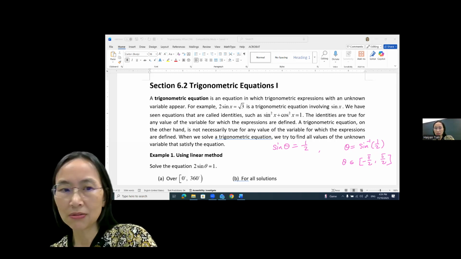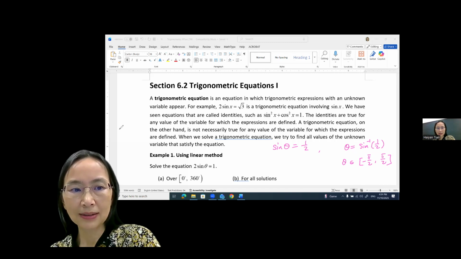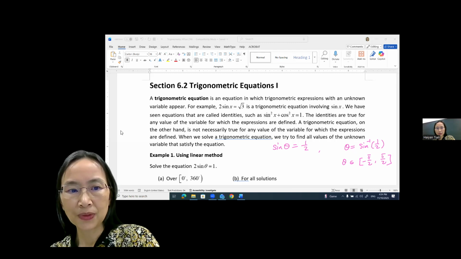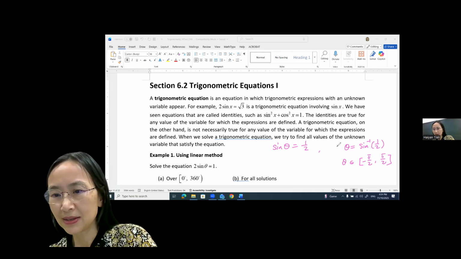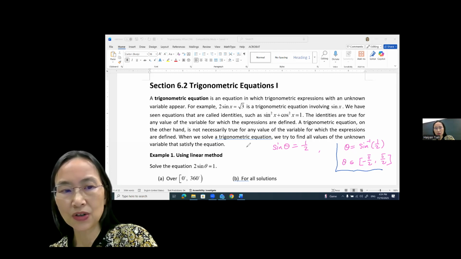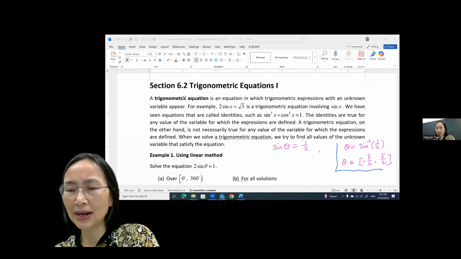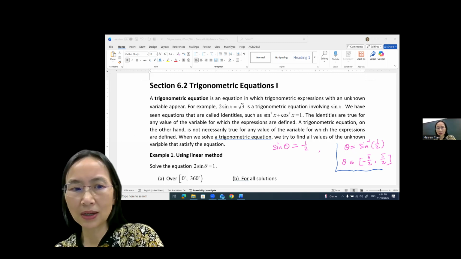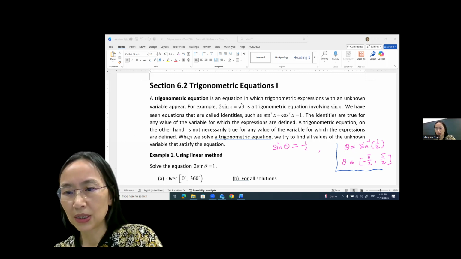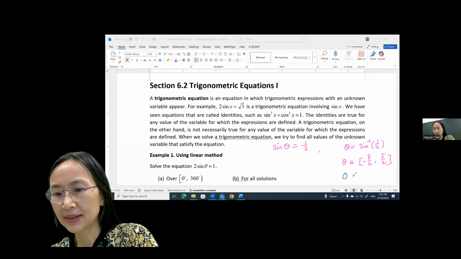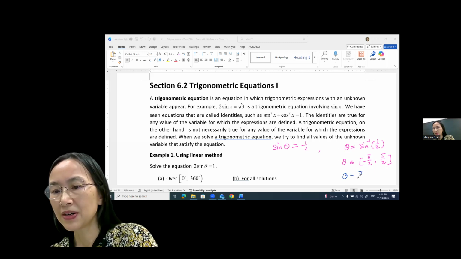But still, we can try to get a theta in this range. So let's just use the sine inverse and see what the possible theta are. Immediately you know for the half, the positive acute angle whose sine is half is pi over 6.